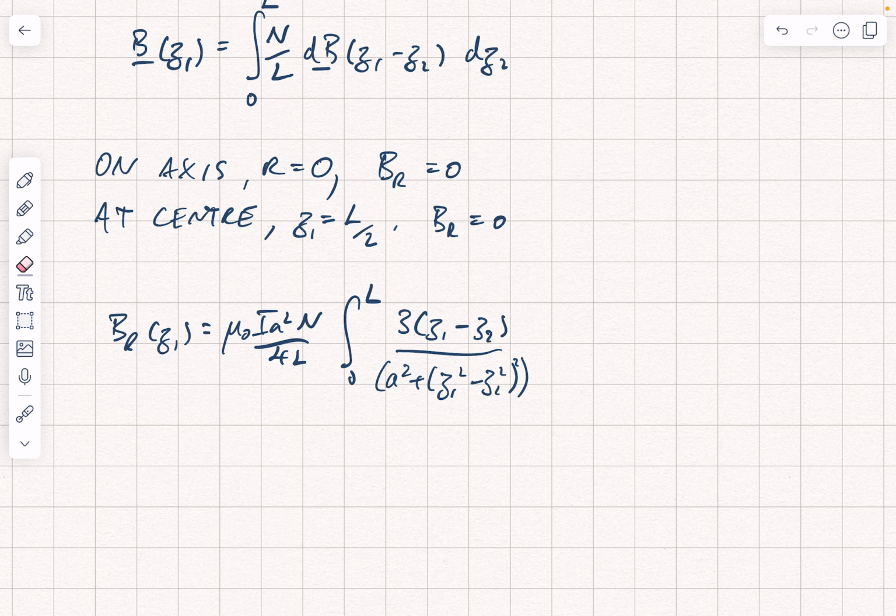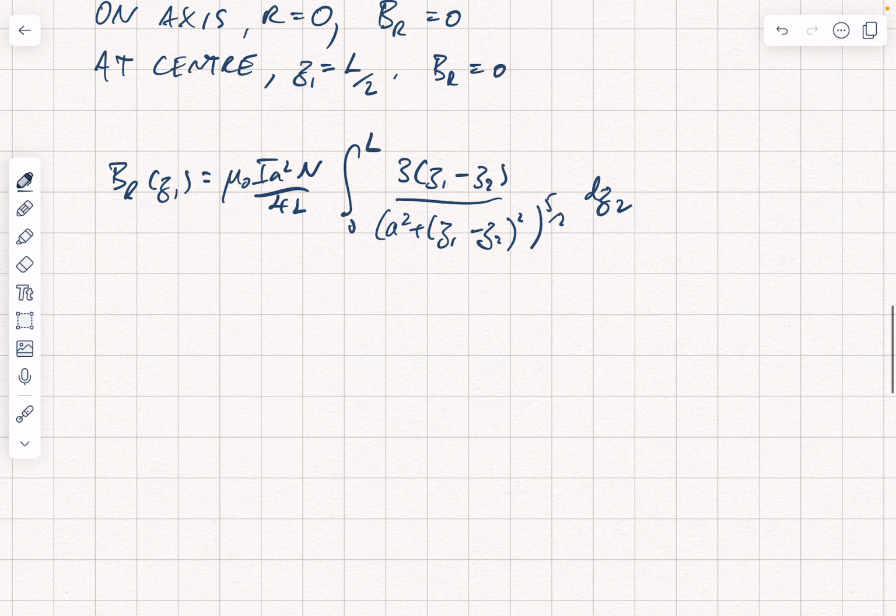No, that should be Z1 minus Z2 with a squared outside. This is getting a little bit cramped. Let me rewrite that. So we get Z1 minus Z2 all squared, and then that's to the 5 over 2 dz2. That's a simple integral.